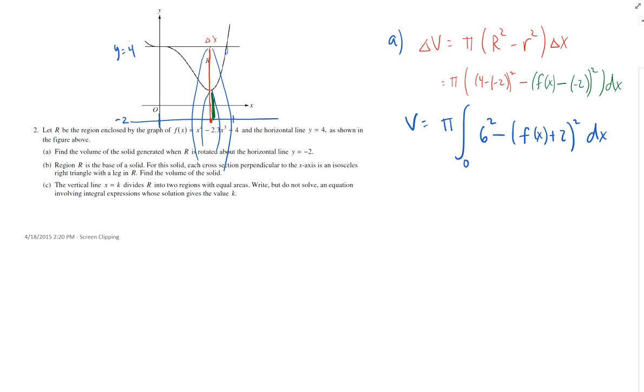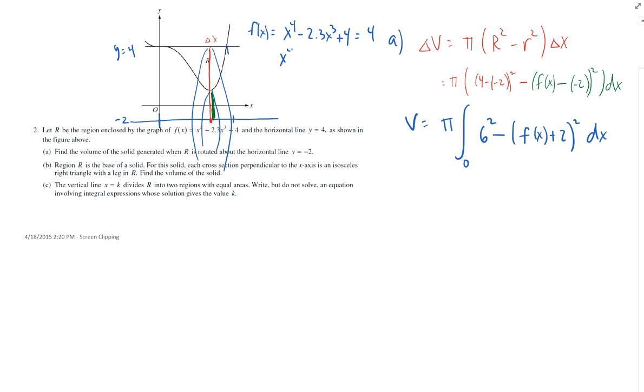Where do the graph of f of x and y equals 4 intersect? How do you figure that out? Well, where is f of x, x to the fourth minus 2.3x cubed plus 4, equal to 4?